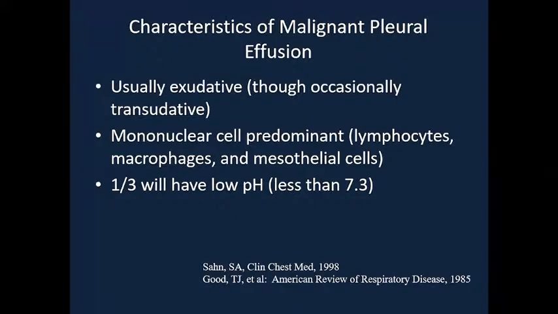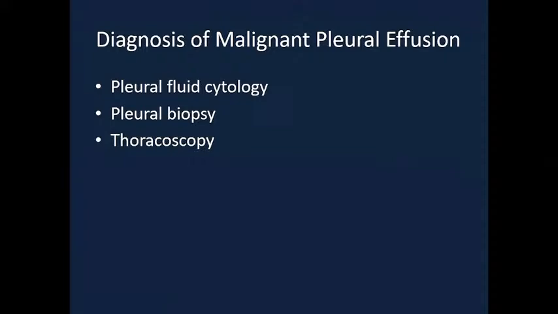Malignant effusions are usually exudative, but rarely they can be transudative. There will be a predominance of the mononuclear cells, that's lymphocytes, macrophages, and also mesothelial cells. And up to a third will have a low pH. The diagnosis is usually by pleural fluid cytology, pleural biopsy, and thoracoscopy.